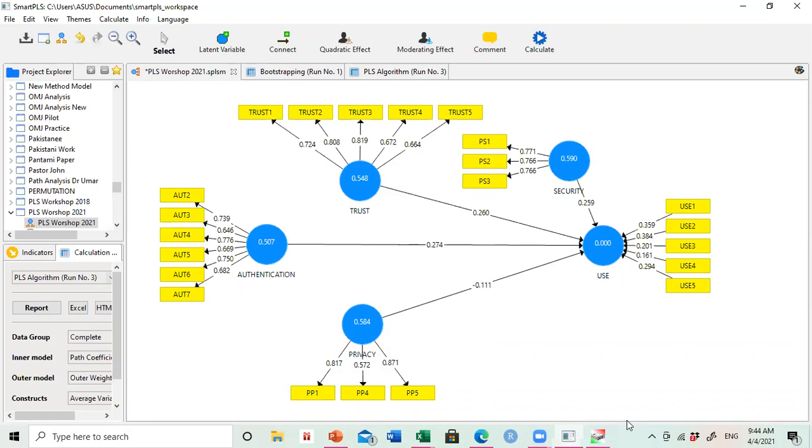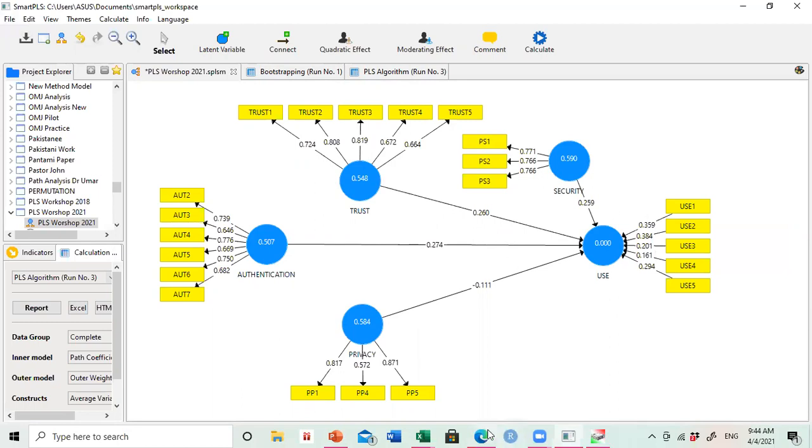Because it's a formative indicator, you cannot delete. But you have to mention in your work that because they are formative and very important, you cannot delete them. Then you go ahead and leave them, saying it's not achieved. That one will create trouble for you anyway.